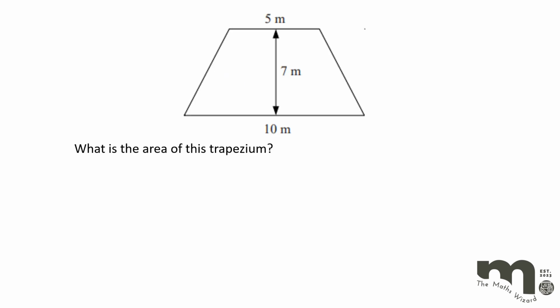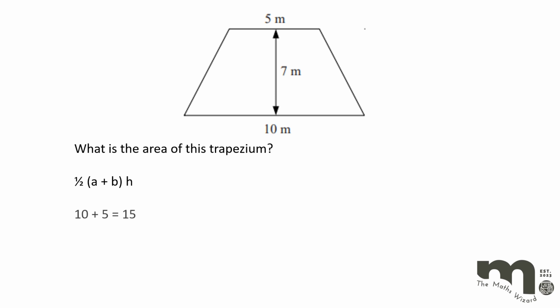Okay, now we've got a trapezium, so pause your video and have a go at this one. Okay, now remember the formula for a trapezium is this. It's half a plus b times the height, or you can do a plus b multiplied by the height and then half it if you want to. It doesn't matter as long as you do the brackets first.